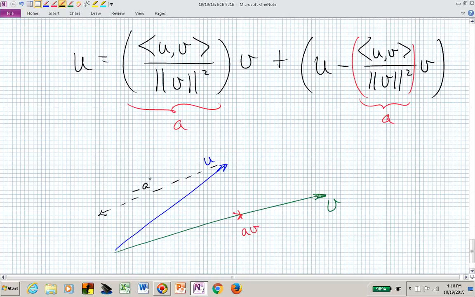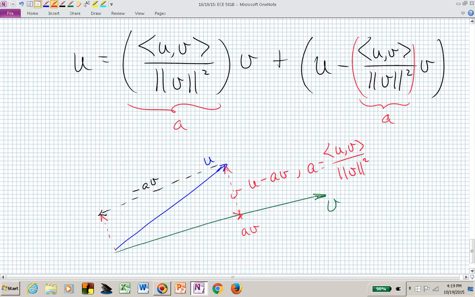This is now minus av, and that gives me this vector, which is this same vector right here. If I'd drawn it properly, this is now u minus av, where a is this uv inner product divided by v squared.